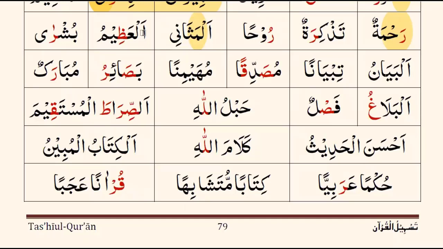Okay, repeat after me. Al-azimu. العظيم. Yes, well done. Bushra. بشرى. Yes, well done. Can you quickly tell me here that this ya, why do we not pronounce it? Because it's a blank letter. Yes, well done.